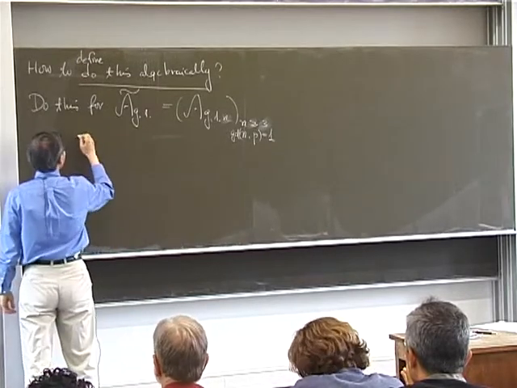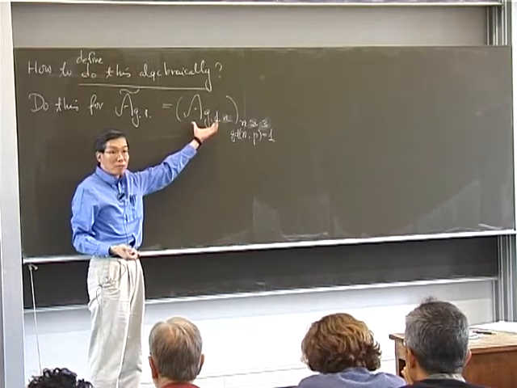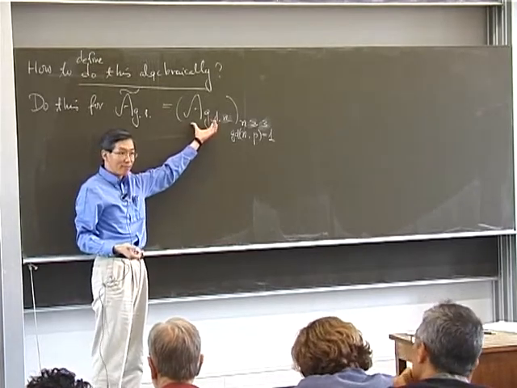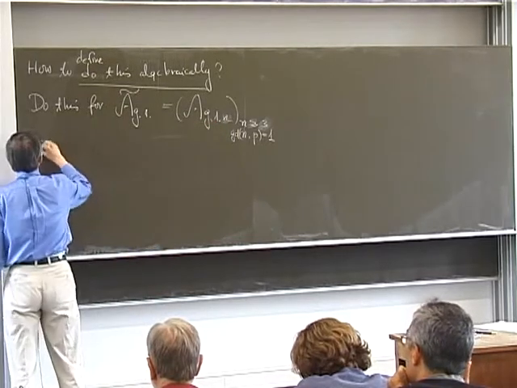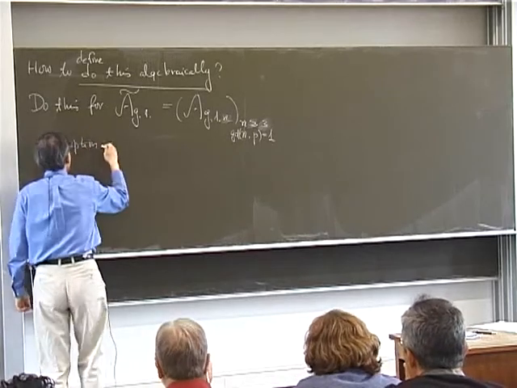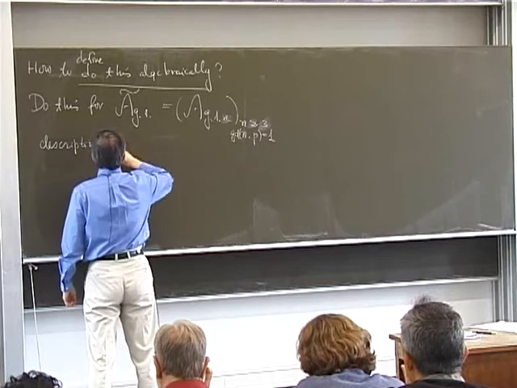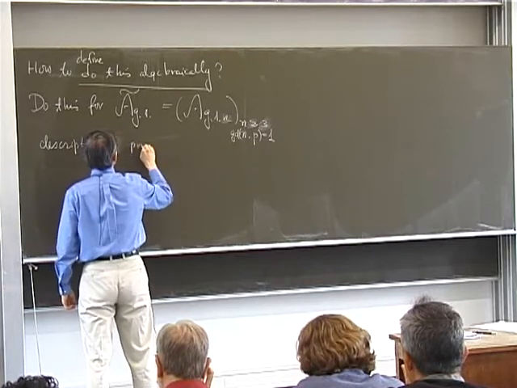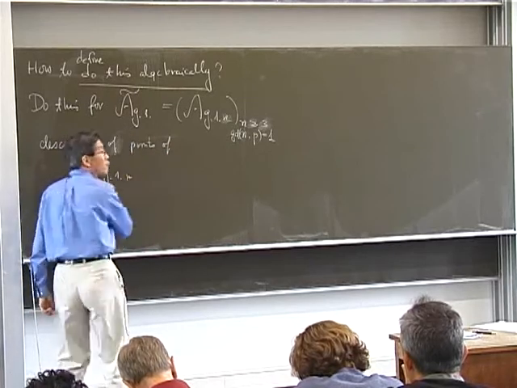Now, I guess the real thing is that I need to explain what's a point here in this tower. So description or definition of, let's first recall the description of points of AG1n for fixed n.